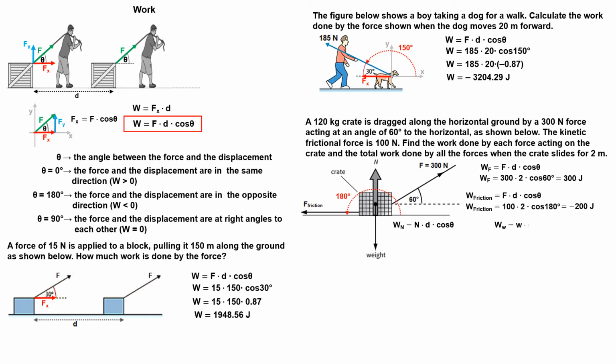For the same reason, the work by the normal force is also 0. Note that we don't need to calculate the magnitude of the normal force to conclude this. The total work done on the crate by all forces is the algebraic sum of the work done by the individual forces.